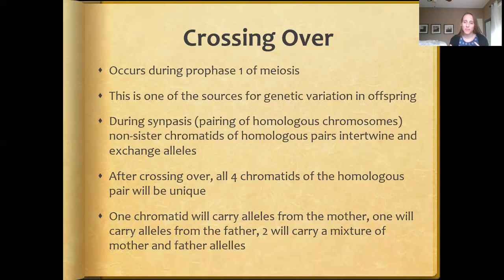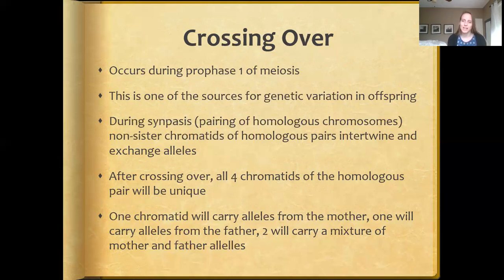So when you start crossing over, you have 2 pairs of identical sister chromatids. By the end of crossing over, all 4 of the chromatids will be unique. So even though you'll still have the sister chromatids attached to each other, they won't be identical anymore.